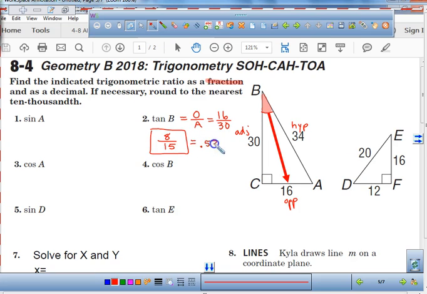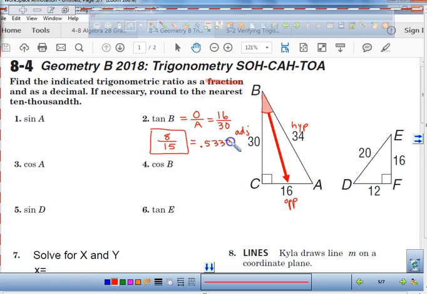We'll put 0.5333 and stop. Why are we rounding all the way to the 10,000th? Because the further you round out, the more accurate your answer will be.